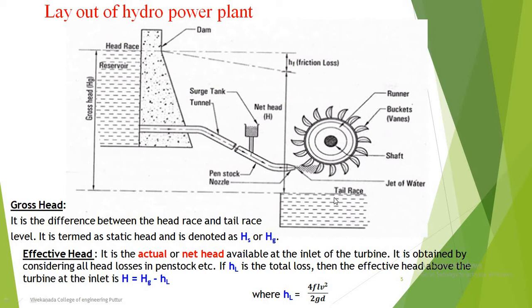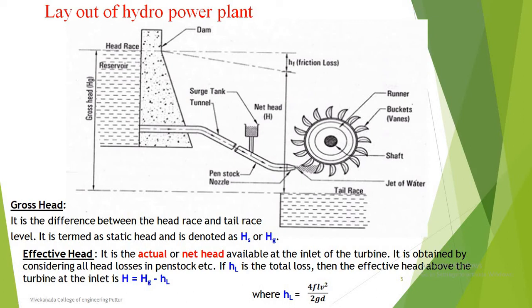The difference between the water surface of the reservoir and the water surface in the tail race is taken as the gross head. When the water flows from one end to the other, there will be some losses. The losses are classified into two types, major loss and minor loss. The major loss is mainly due to friction.